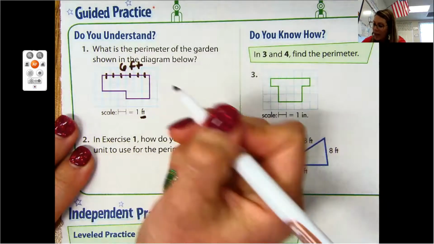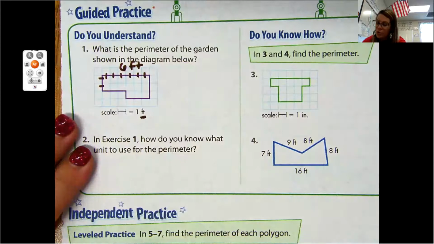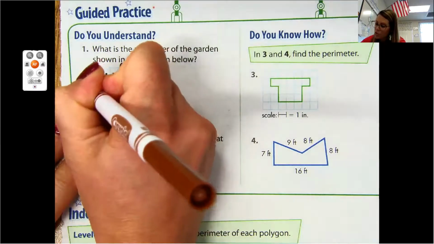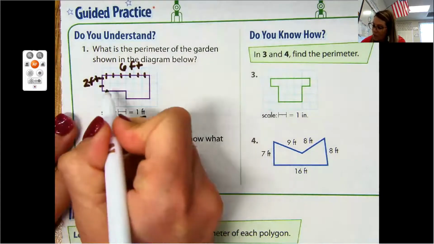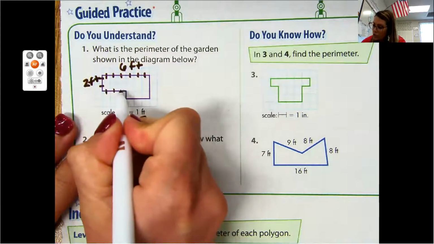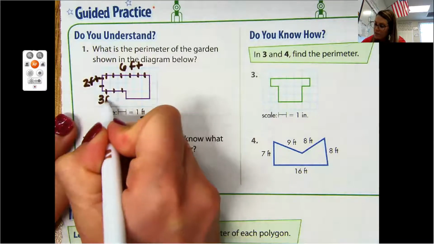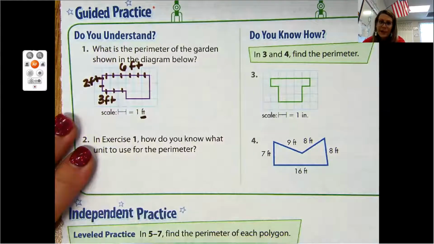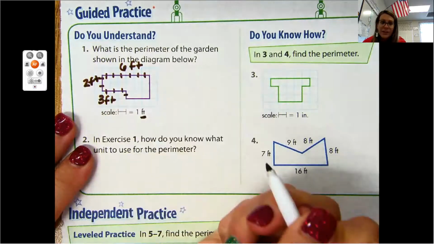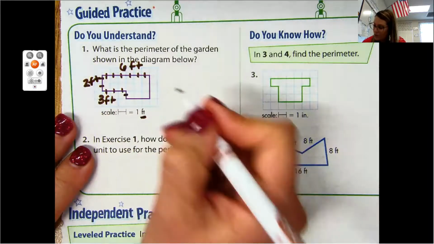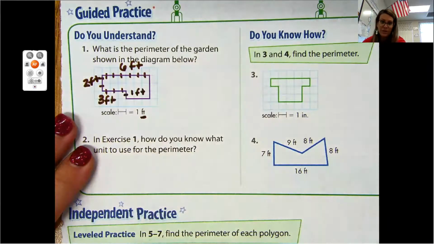So let's go ahead and count over here. We've got 1, 2. So we know that's 2 feet. And we're going to keep doing it. 1, 2, 3. So right here we have 3 feet. Now here, you can't forget about this little guy right here. That's just 1. I'm going to go ahead and put that one right in here inside. That's 1 foot.